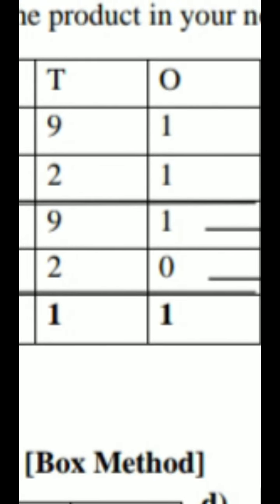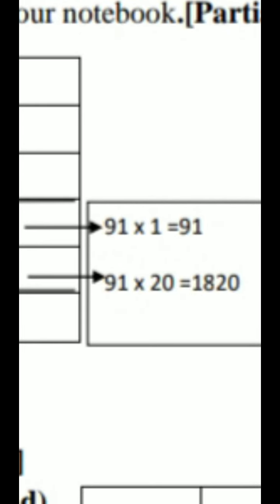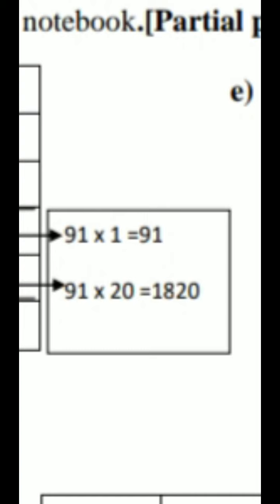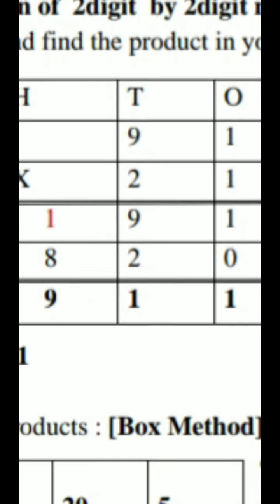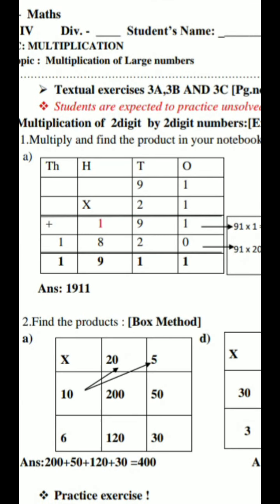Whereas the second multiplicand is 91 and the multiplier is 2, but it is in the tens column, so you will multiply 91 into 20. The answer is 1820. Put them in a column and add the digits. So you will get the final product as 1911.